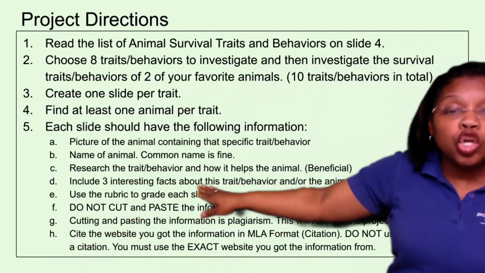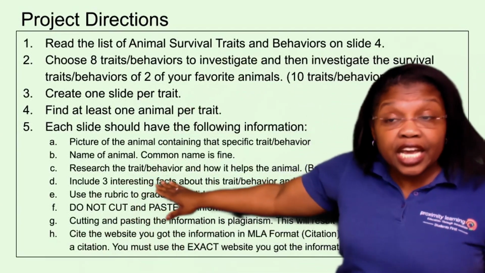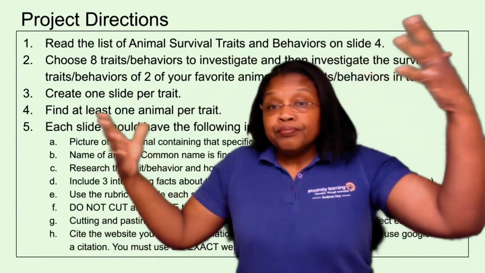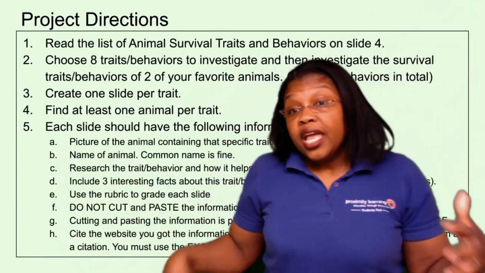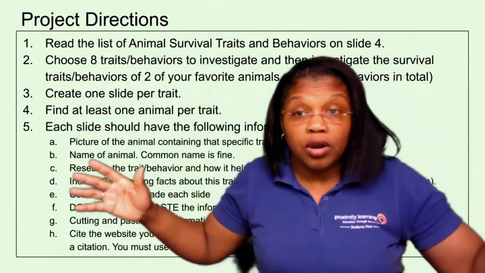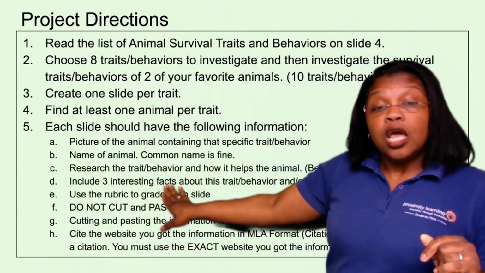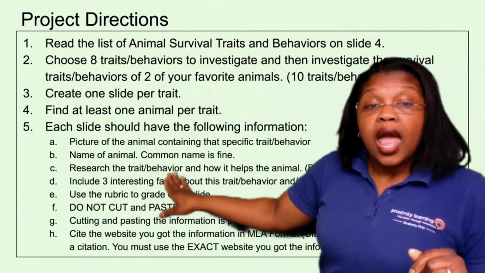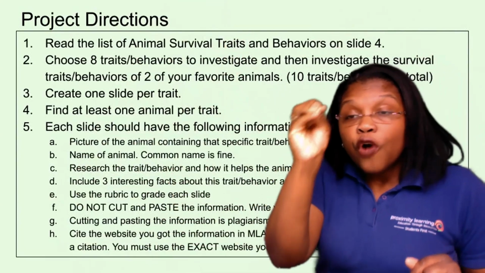So now you can incorporate other things about that animal. So maybe this animal does web making, but it might also camouflage. It might also do whatever, okay? You can mention that here, that's fine. But just remember, every slide has a different focus.